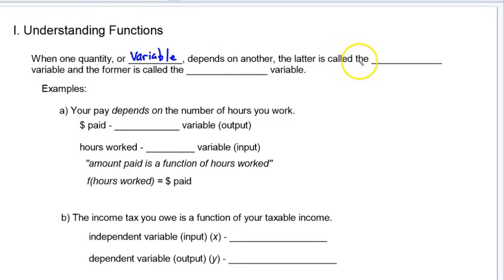We call the latter of these two, there's two quantities being referenced here. The one that was dependent, you can see the word depends on another. Obviously, we call that the dependent variable.